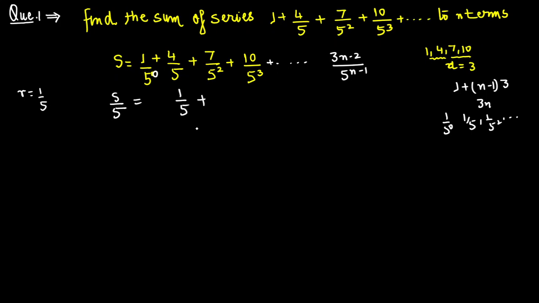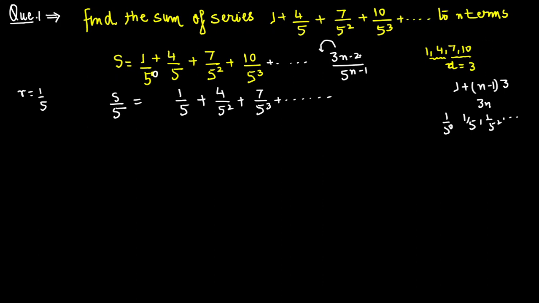This 4 by 5 becomes 4 by 5 square. I have shifted and am writing it there. Again, this 7 by 5 square when multiplied by 1 by 5 becomes 7 by 5 cube, and so on. If I ask what is the term just before this, your reply will be that the common difference is 3.